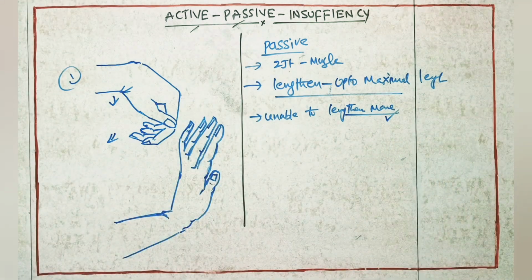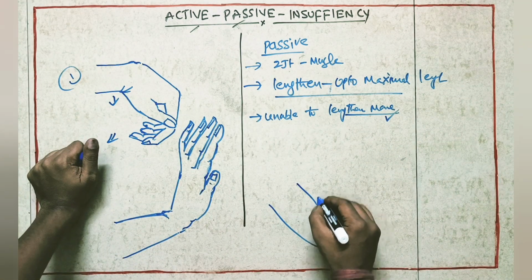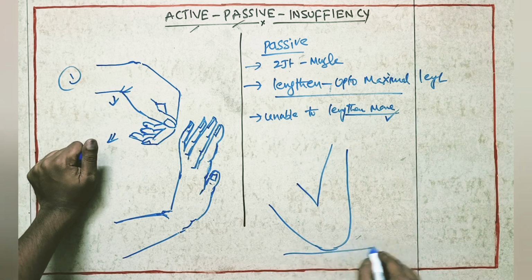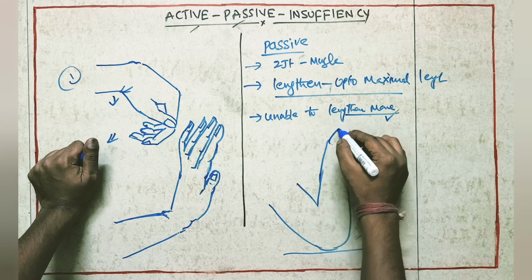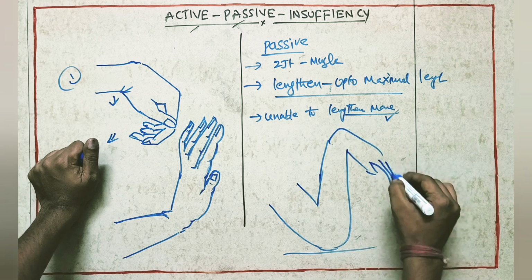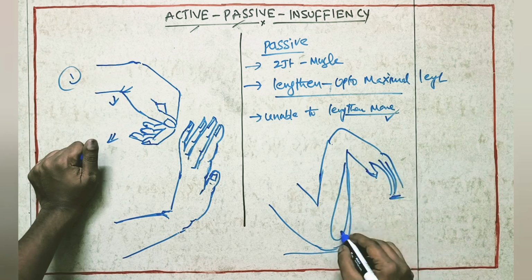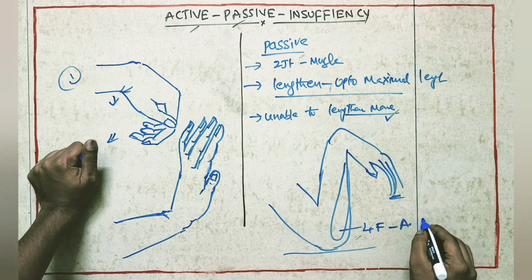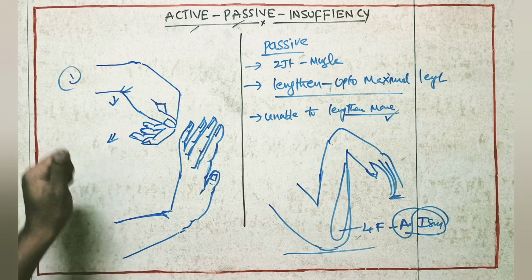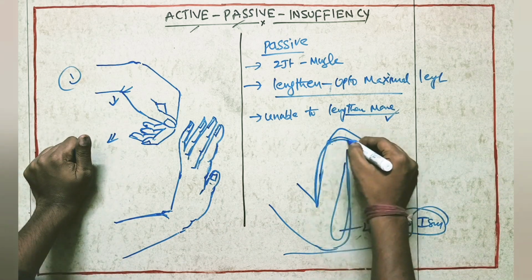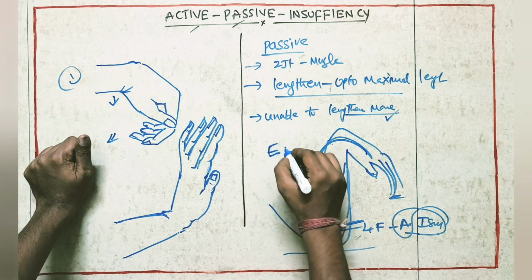As an example, we see the same thing we saw for active insufficiency. The elbow is flexed, the wrist joint is flexed, and the fingers will be like this; these are the thumb and these are the fingers. Here the forearm flexors are already in active insufficiency. We have extensor muscles and flexor muscles of the forearm.